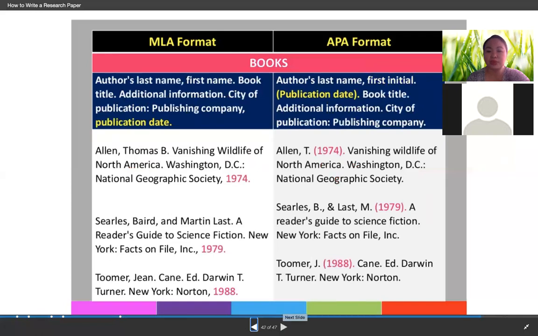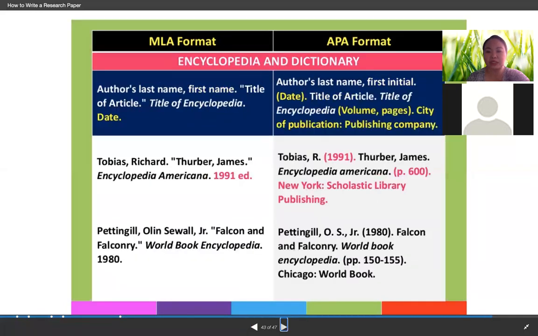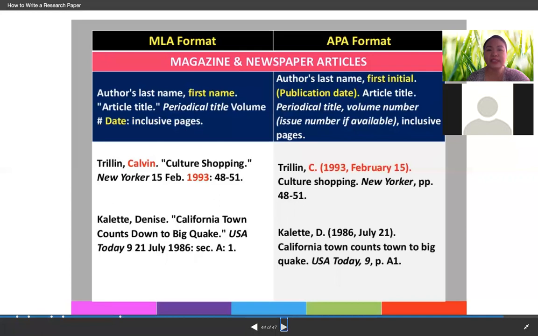But for the book, you don't have to state the page. Okay. For magazine naman and newspapers, you have to have the page, year of publication, and then the page specifically. And APA and MLA format is very different.